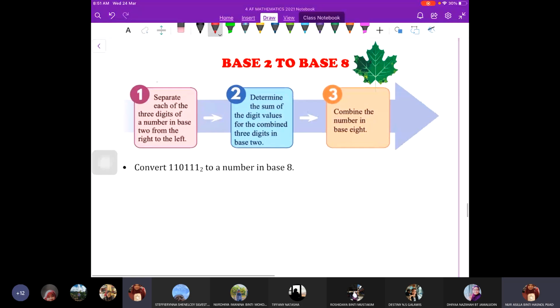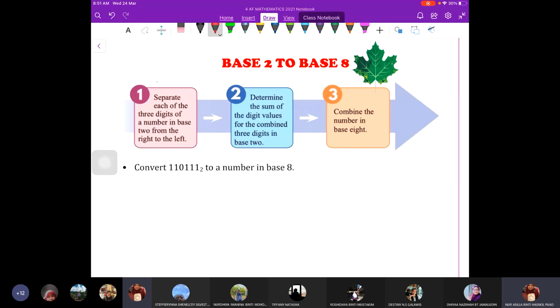Alright. So now, there is a special base, okay, which is base 2 and base 8, di mana you can change the bases without going through base 10. Okay, jadi kamu tak perlu pergi collection process, tak perlu pergi division by place value or digit value untuk dapatkan base 8.